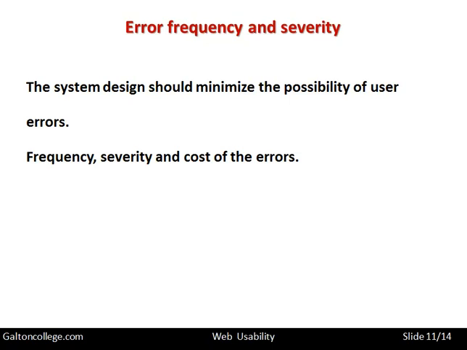It doesn't go someplace else. When the user wants to find some information and types into the search facility on the site, the search facility brings up the page quickly and efficiently. So the frequency, severity and cost of the errors need to be taken into account, but these are minimized through good design.